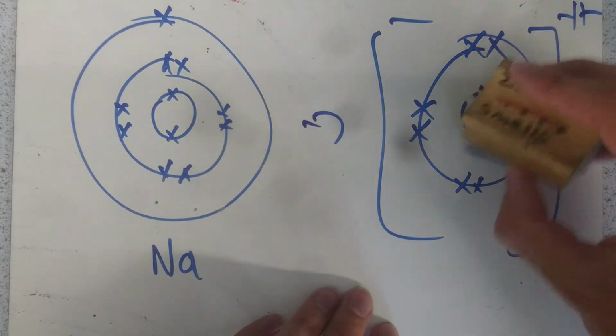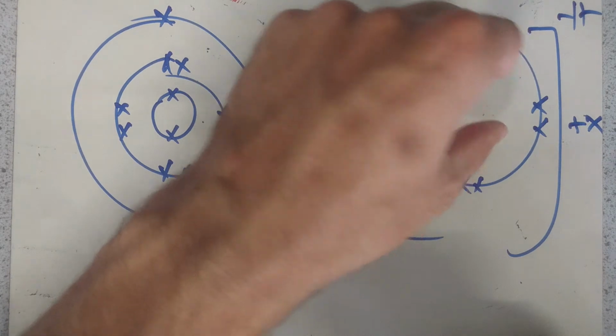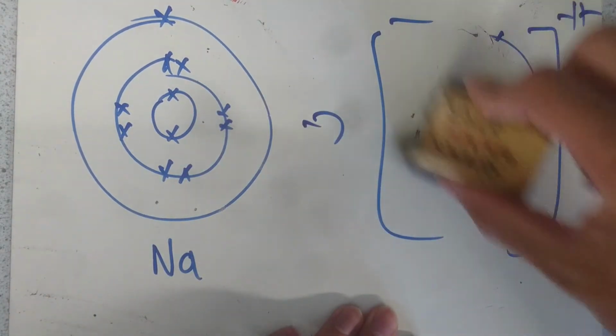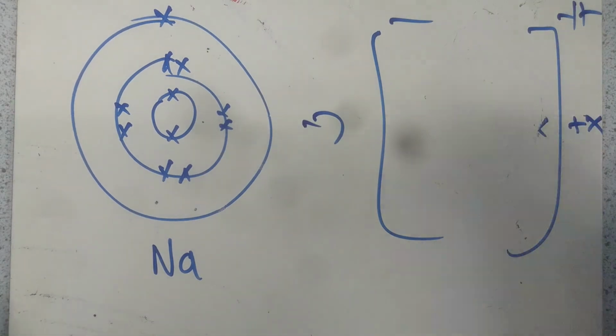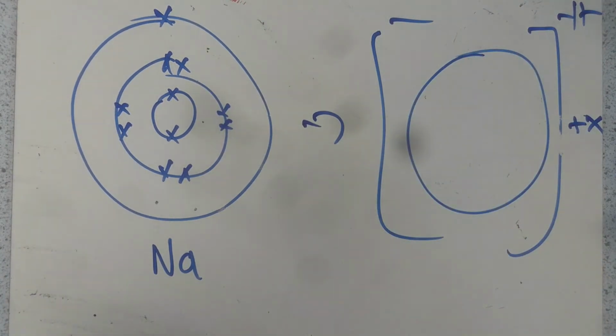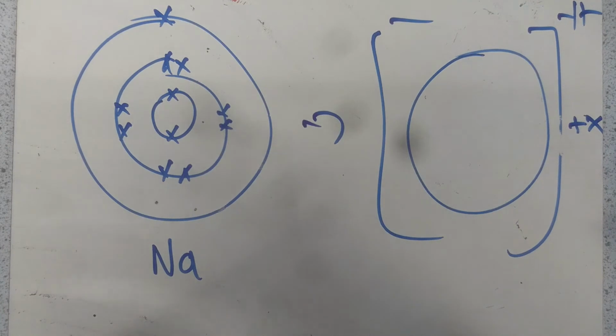It sometimes says just draw the outer shells. And with metals, when they lose electrons, you either draw the full one, where you've got all 8 electrons, or you draw the shell where the electron came out of. And you just put an empty shell to show all the electrons have left, and that is now empty, and we assume everything below it is full.